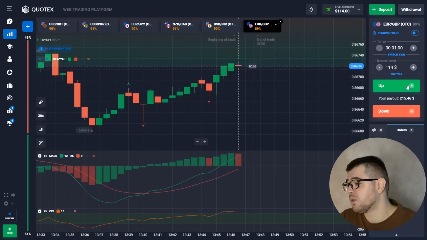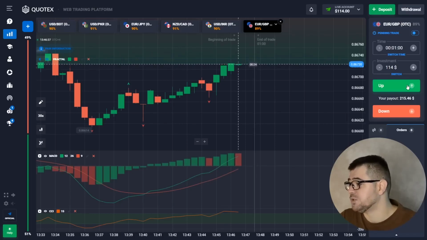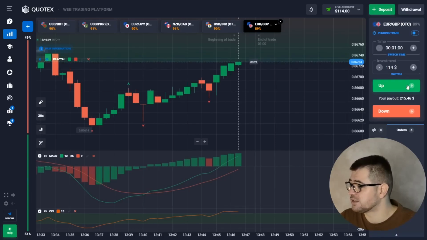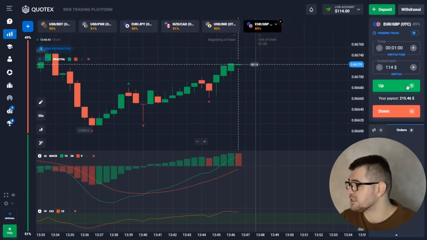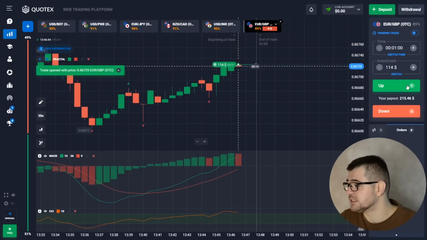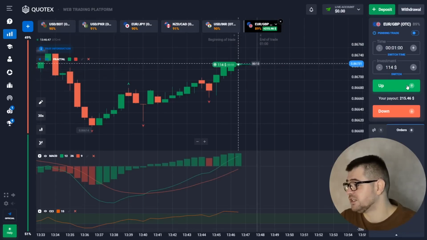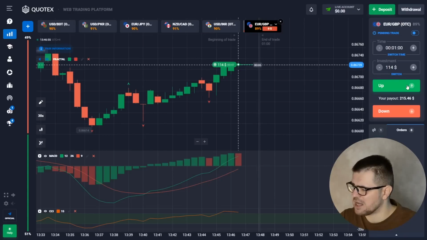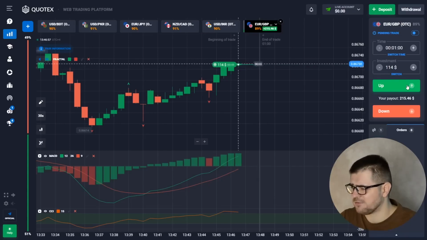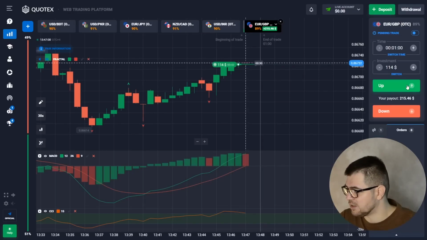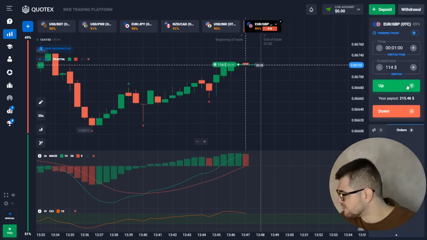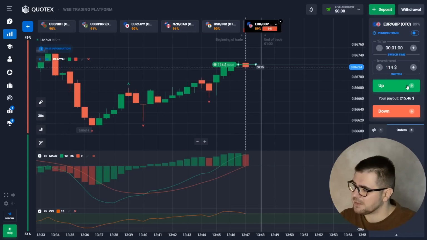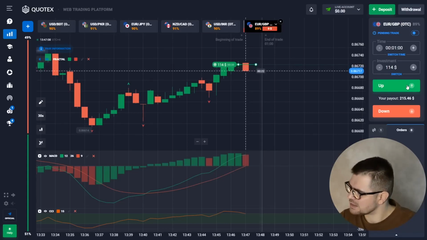So I'm going to go ahead and do a call option here for $114, 1 minute, and let's see what turns out of this. With the fractals here, obviously if I had a bit more time, maybe a couple of minutes, 3 minutes, 5 minutes, obviously we're on 30 seconds, but yeah, maybe the 2 minutes I'd go for it.